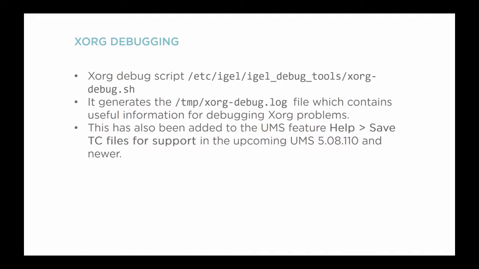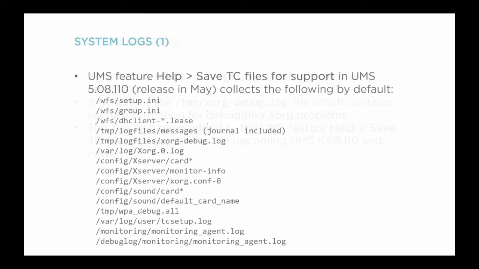And that will, amongst other things, run the debug script and collect the debug log file from the thin client and put it into a zip archive together with other log files and make it available for your inspection or for the inspection by IGEL support.